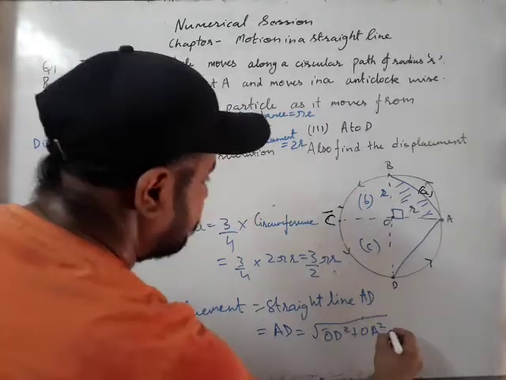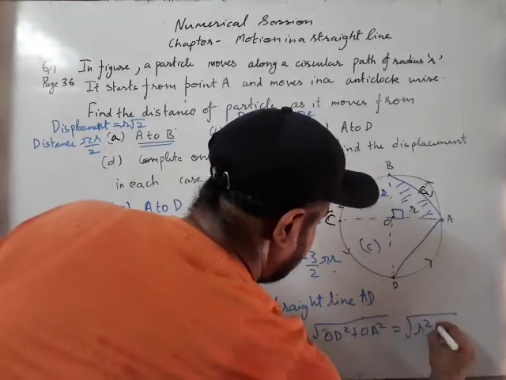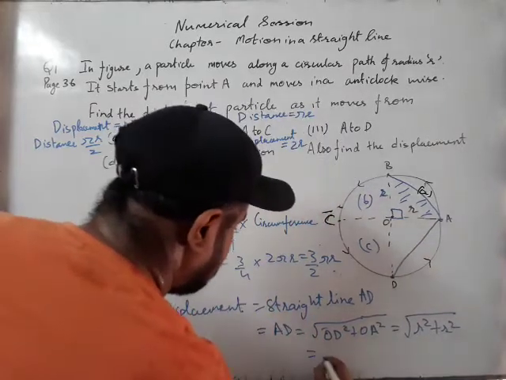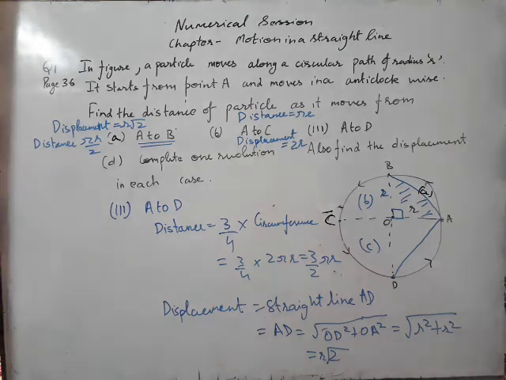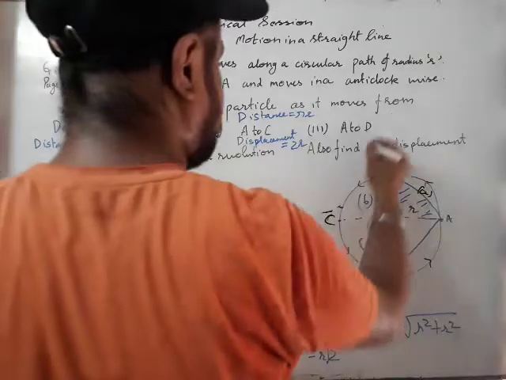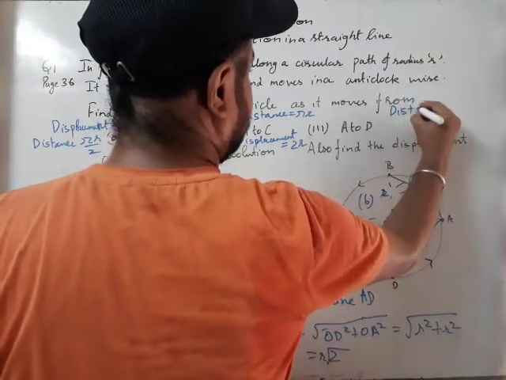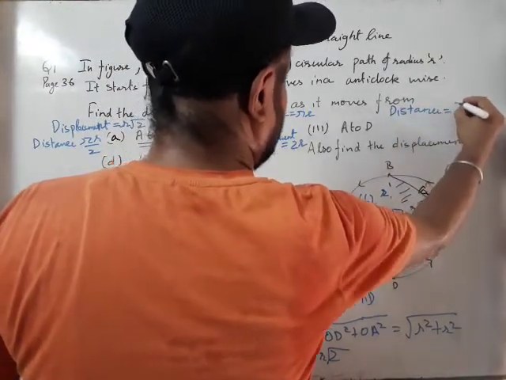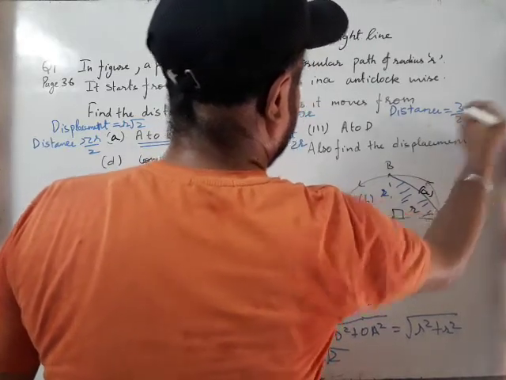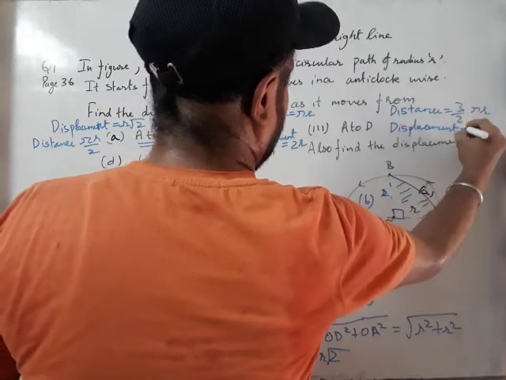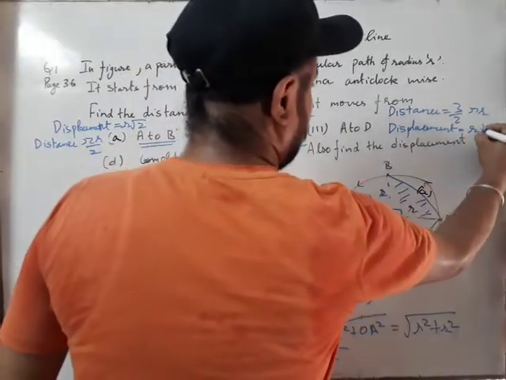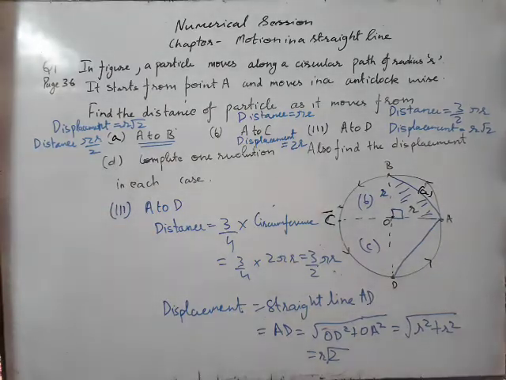Both are radius, so it will come out to be under root of R square plus R square, and the answer will be R root 2. So for the third portion, that is A to D, distance will be 3/2 pi r, and displacement will be R root 2.